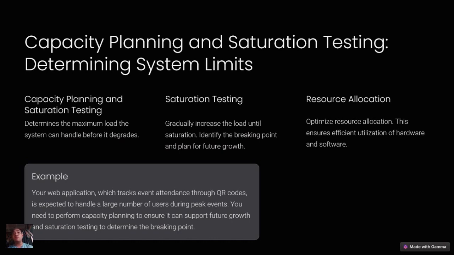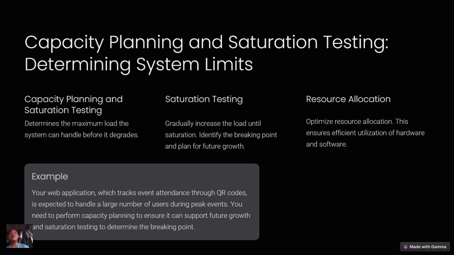You need to perform capacity planning to ensure it can support future growth, and saturation testing to determine the breaking point. So what is saturation testing? Gradually increase the load under saturation, identify the breaking point, and plan for future growth.